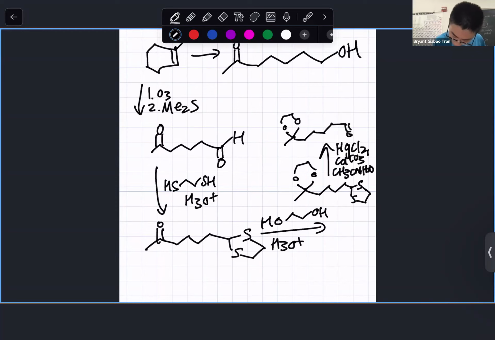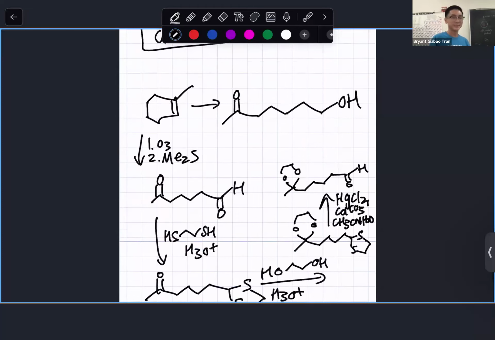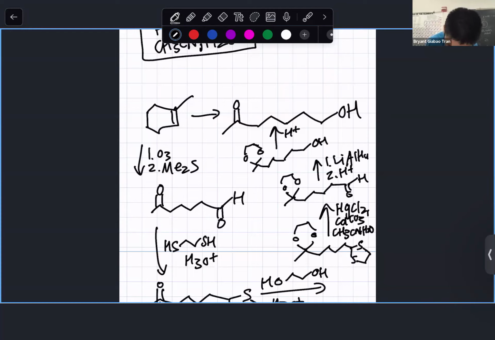Now from this open aldehyde, we could reduce it without worrying about reducing the ketone because the ketone is protected. And then the last step, H plus, H2O, heat to deprotect the diol back into the carbonyl.